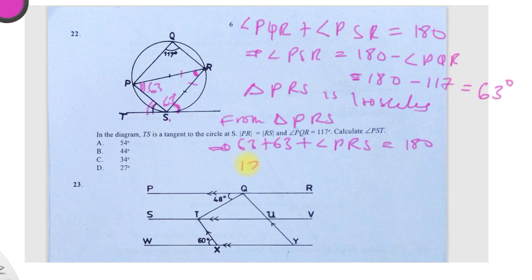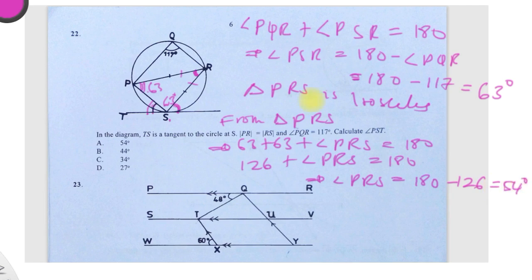So 126 plus angle PRS is equal to 180 degrees. So angle PRS is equal to 180 minus 126. What is 180 minus 126? Which is 54 degrees. So this angle is 54 degrees.